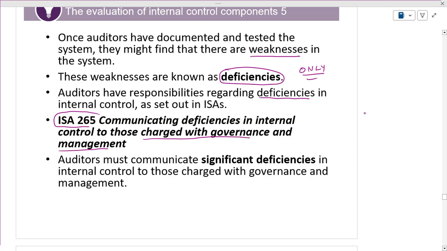This is exam focused. In the exam, can we just mention the number of the ISA instead of writing the full name?